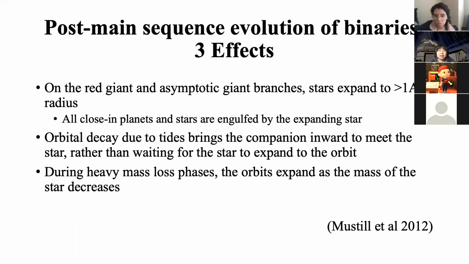Then the companion star will merge with the primary star. The third case is that during the heavy mass loss of the star in its late RGB or AGB phase, the star's mass decreases dramatically, which makes the angular momentum per unit mass of the system increase. So it makes the orbit expand. The system can survive through this entire post-main sequence evolution in this case.